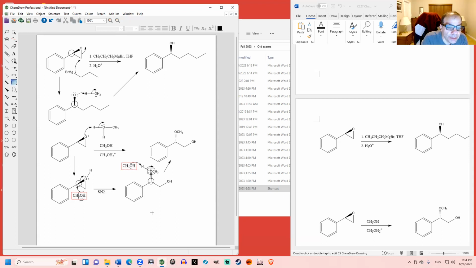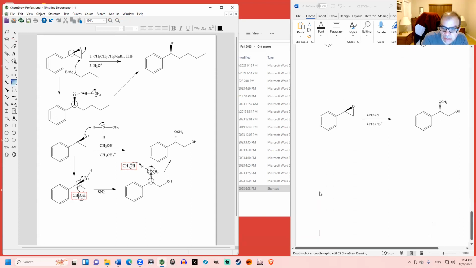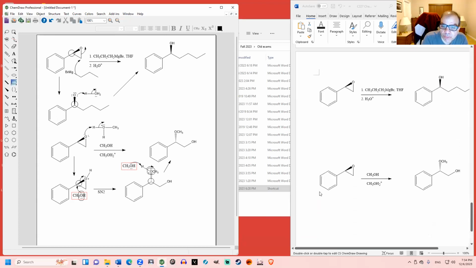So that's how the mechanism looks in acidic medium. Good. And that's pretty much it for that document.